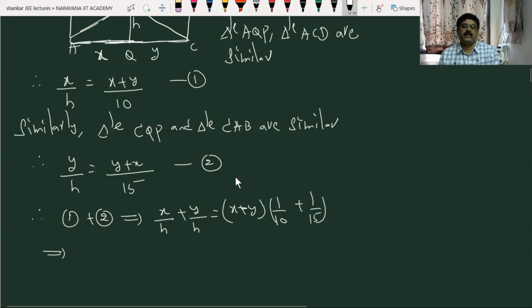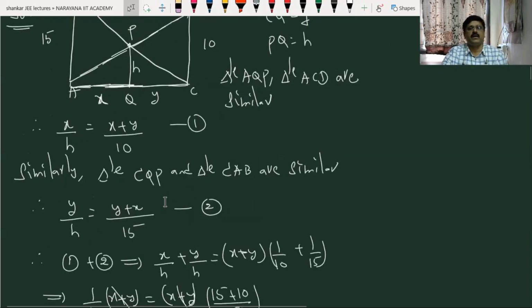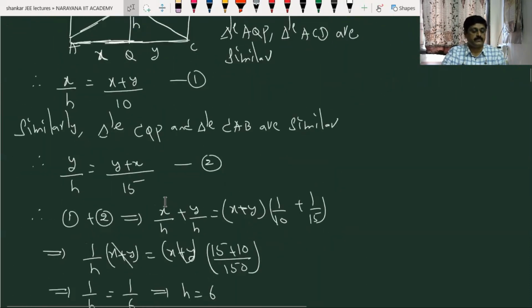If you take 1 by h common there, x plus y is equal to x plus y of this. H value 6 is coming, students. Answer is coming, students. Carefully note down, students.